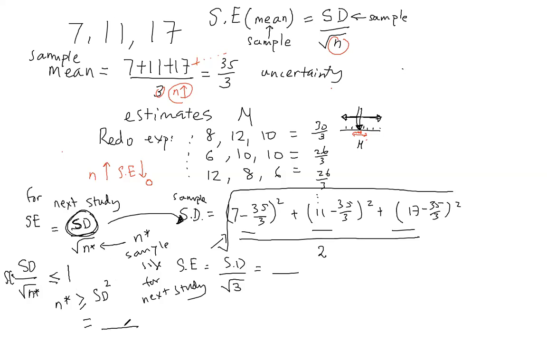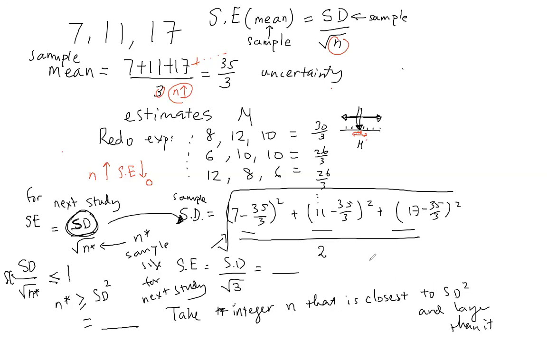Then you take the integer n that is closest to SD squared and larger than it.